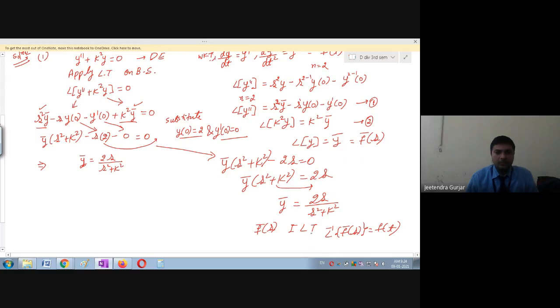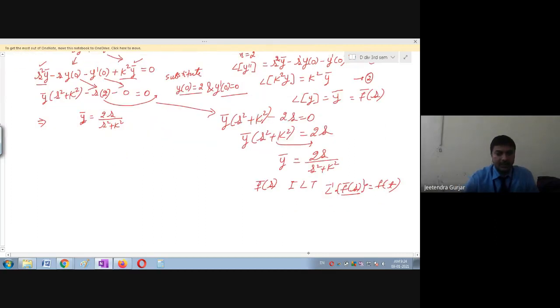But here, in this derivative, you have to find what is f dash of s, which is y dash. So please remember, f dash of s is nothing but y dash. S is nothing but some parameter.